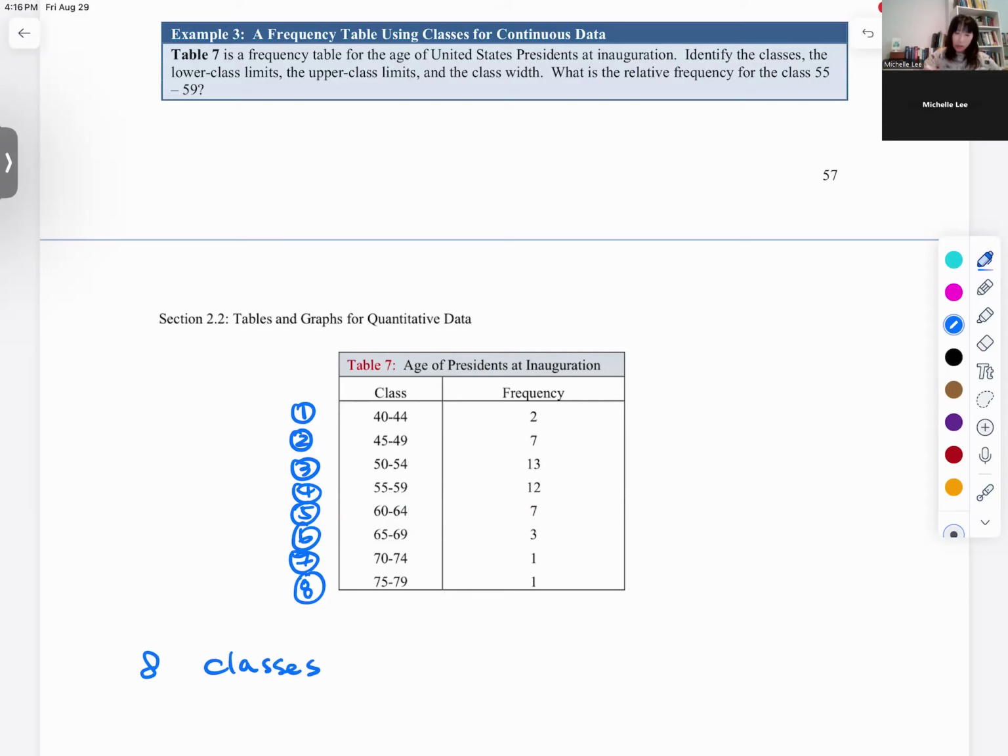Now, lower class limit. Lower class limit means the lowest, smallest number in that class. So 40 is the lower limit of that class, then 45, 50, 55, 60, 65, 70, 75.